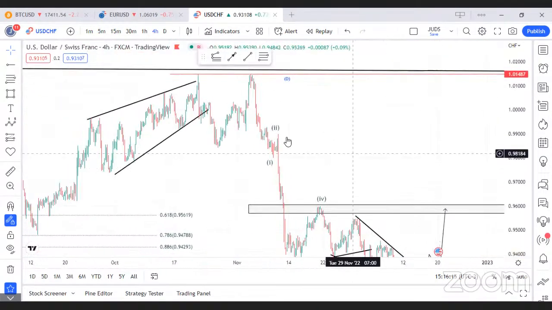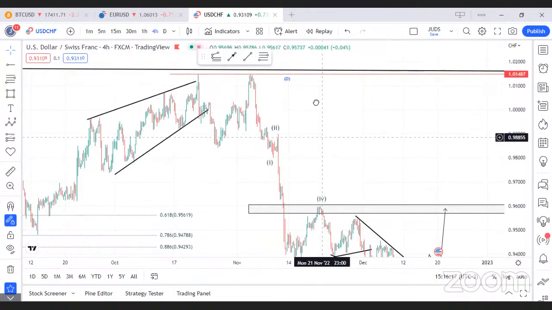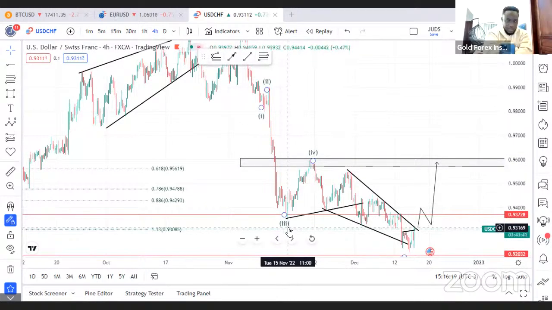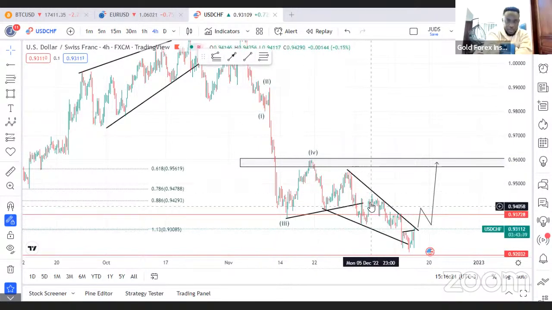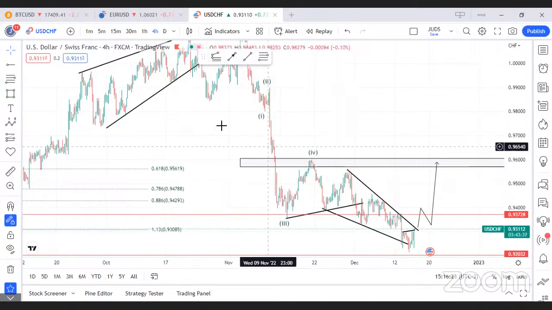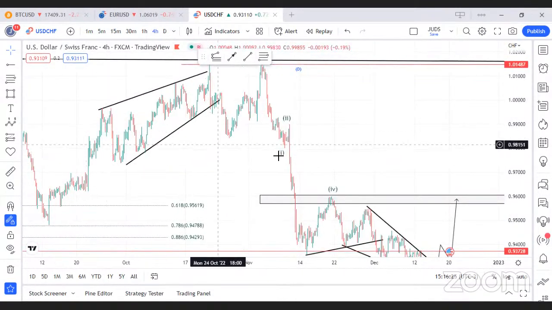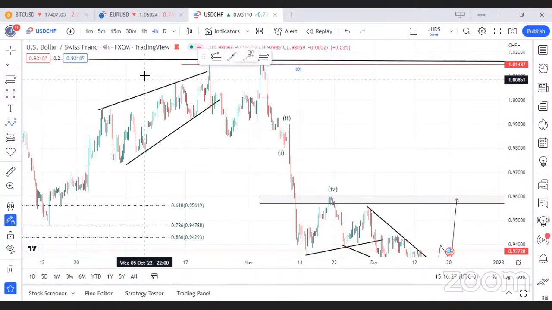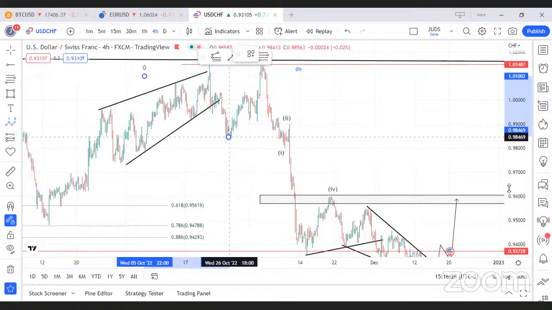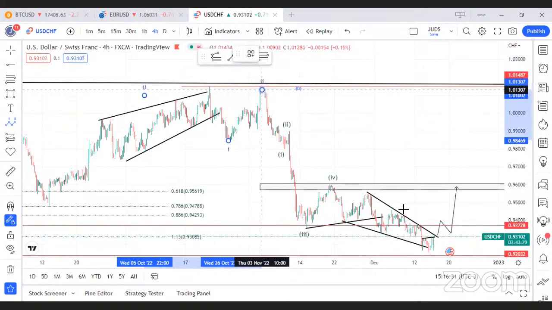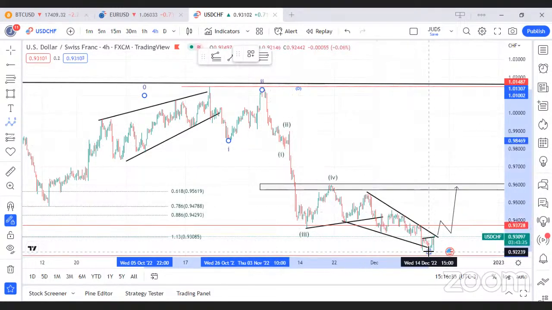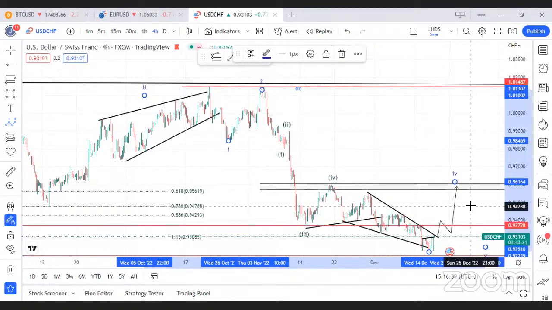But if it's a 1, 2, 3, 4, diagonal 5, then this can be wave 1, wave 2, and this whole 1, 2, 3, 4, 5 can be wave 3. And now we are going to have wave 4, and we'll continue down.